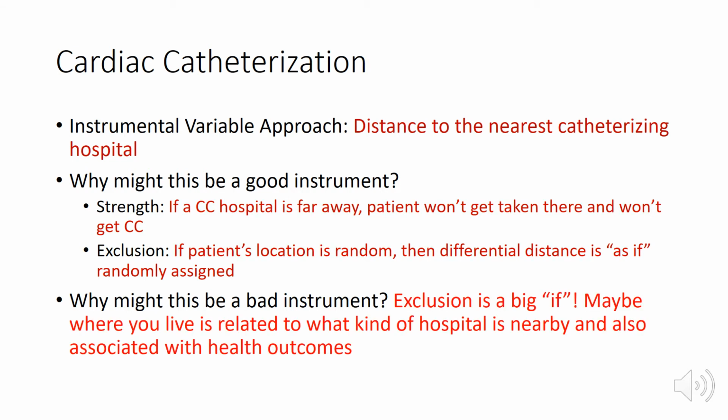This exclusion restriction is a big if. If a patient's location is random, then the distance between yourself and the nearest catheterizing hospital functions as if it's randomly assigned, but this is a big if. Maybe where you live is associated with both the kind of hospital you're closest to, and also health outcomes. Maybe this is not an exclusive instrument.